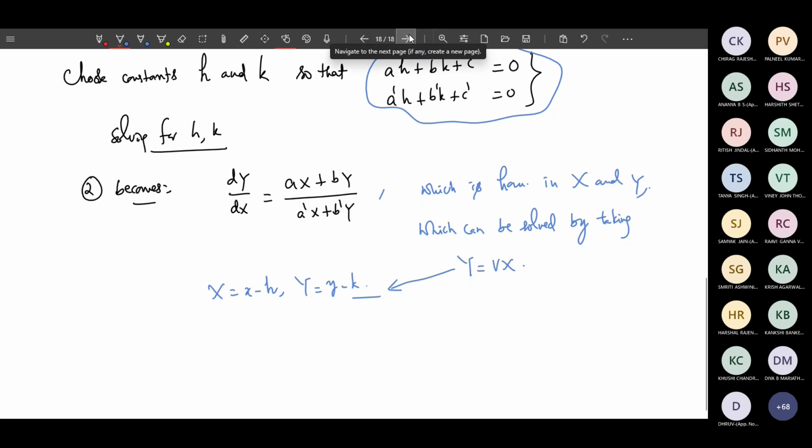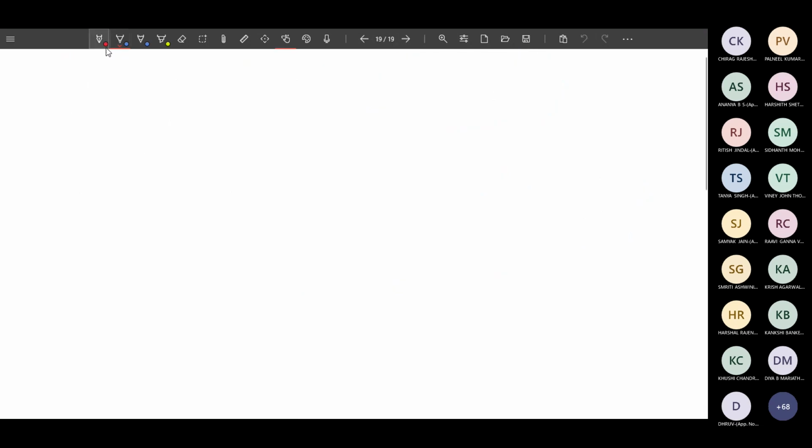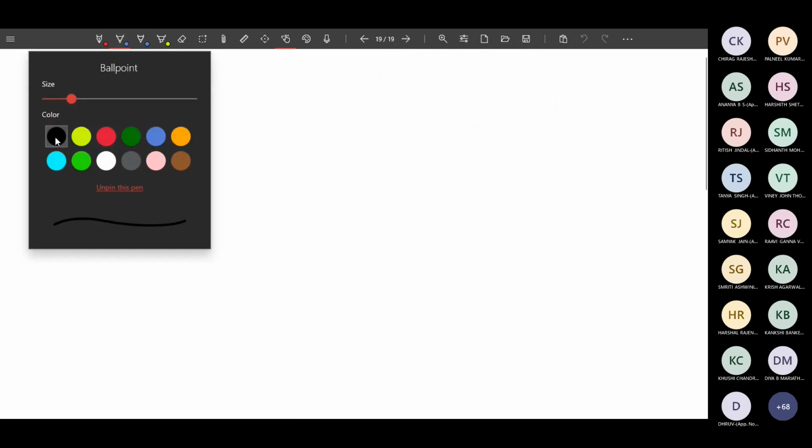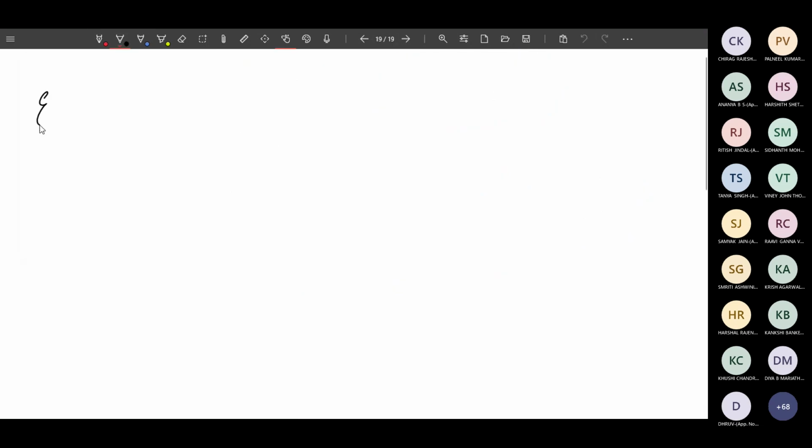Let us see the equation here. Solve the differential equation dy by dx equal to x plus y minus 1 by x minus y plus 1.